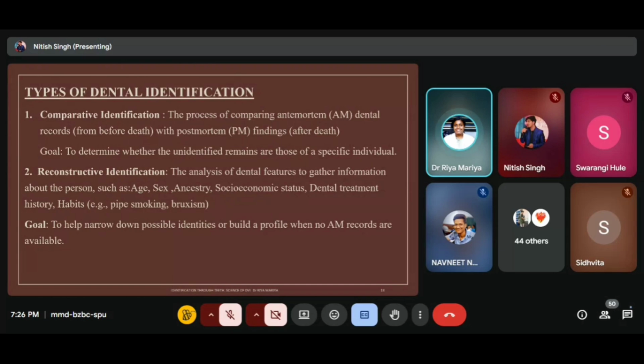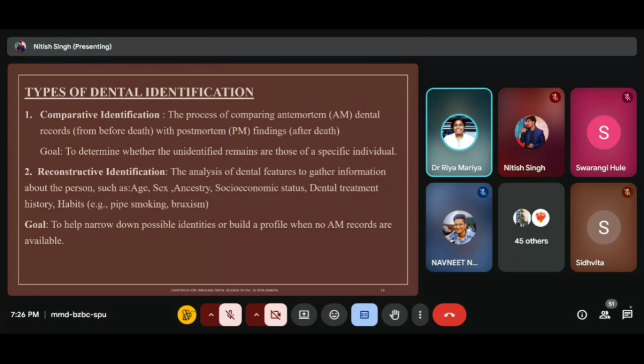In post-mortem we see the remains and note the findings, so we have to compare both. The goal is the identification of a specific individual. We can identify whether it belongs to this individual or not.